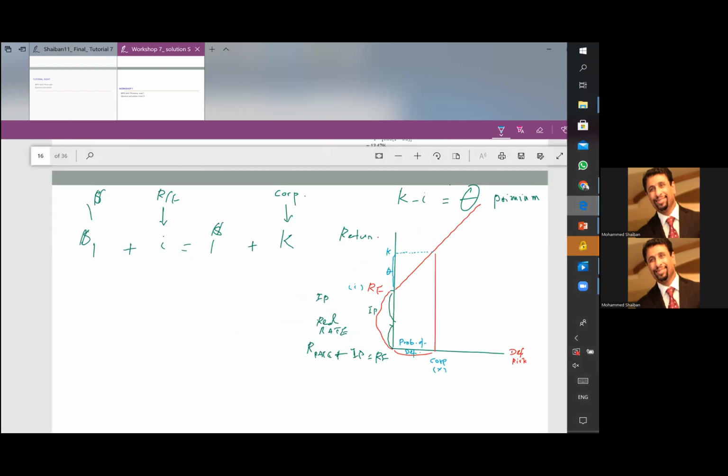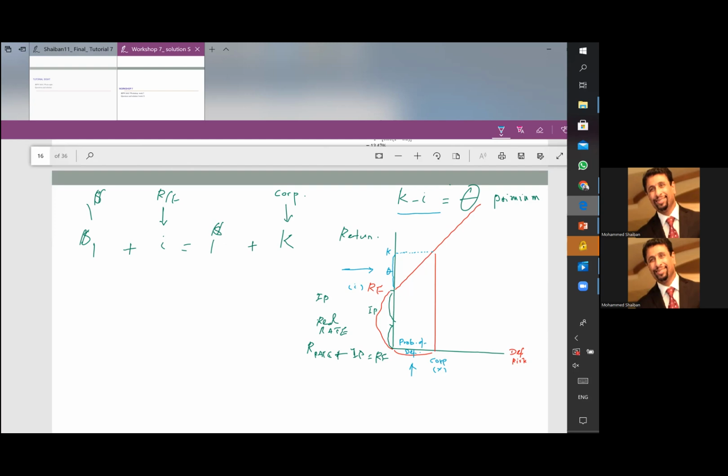Now, if we understand this, which means now the probability of defaulting of this area will need some premium like this. And this actually reflects this issue. So the premium is the difference between K and I, which is actually to compensate me for this probability of defaulting.